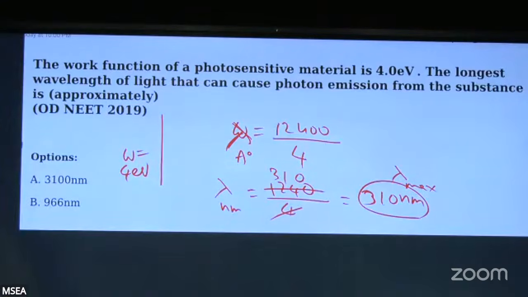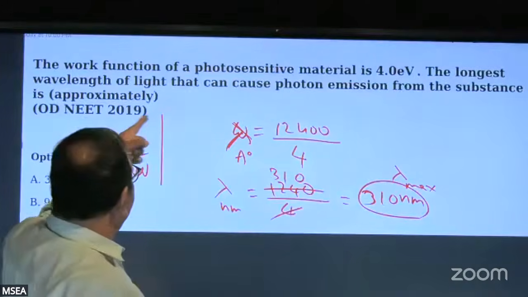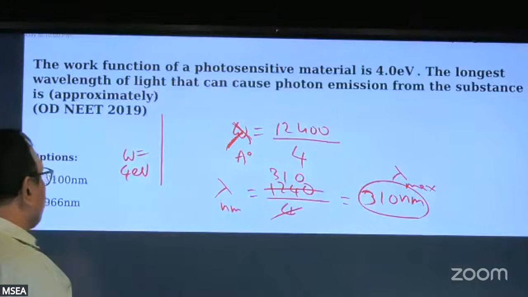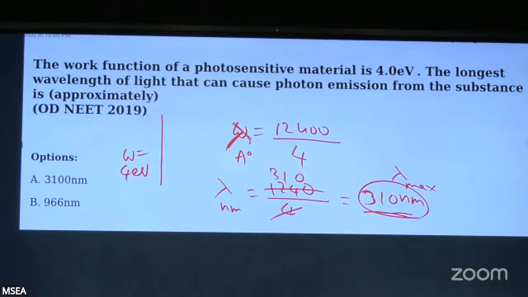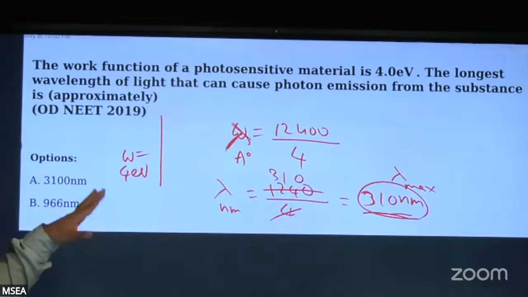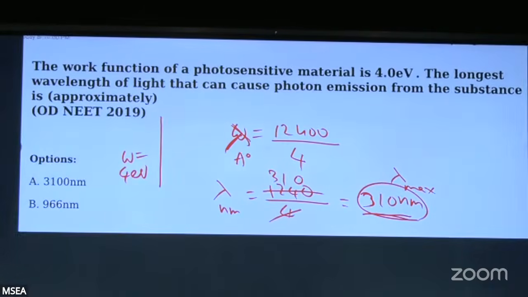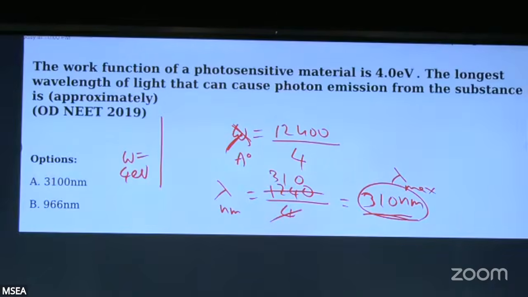The longest wavelength that can cause photoemission is 310. Below this we can get the photoelectron, but above that we cannot get any photoelectrons. That you have to remember. Right, next we move on to the next page.